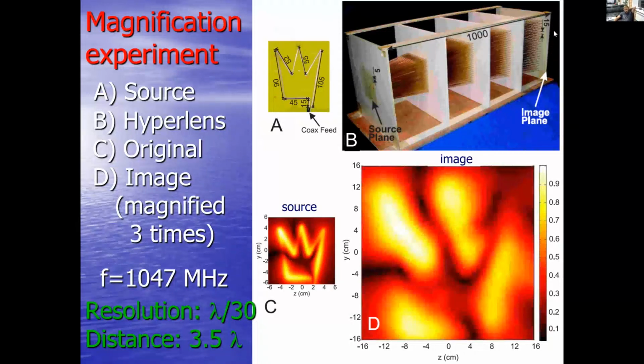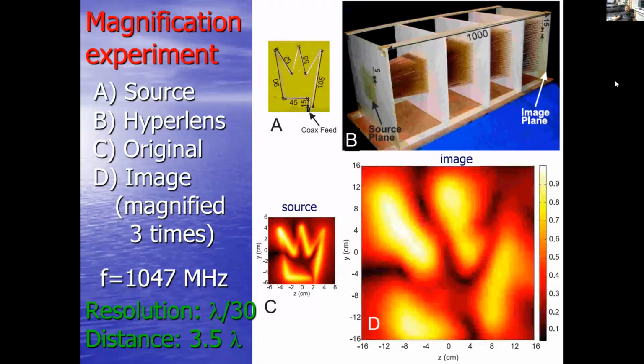This was 3 times magnified, with lambda over 30 resolution and 3.5 lambda distance between source plane and image plane. I think it's a record for the distance of transfer and resolution simultaneously, together with magnification, at that moment.